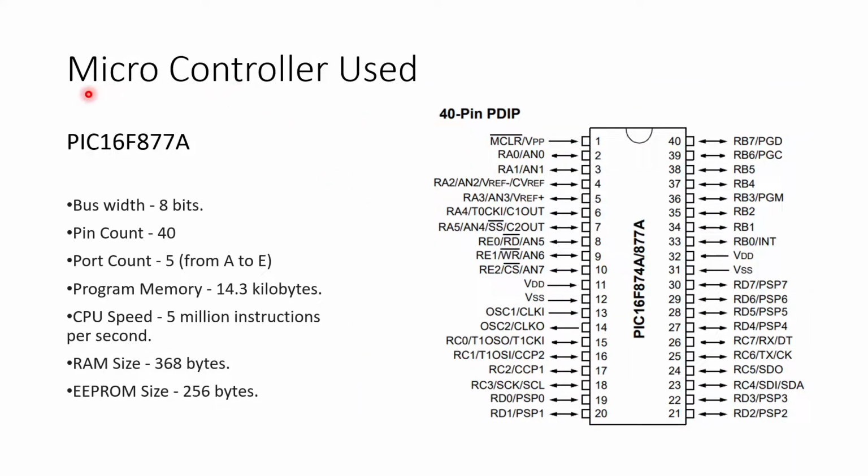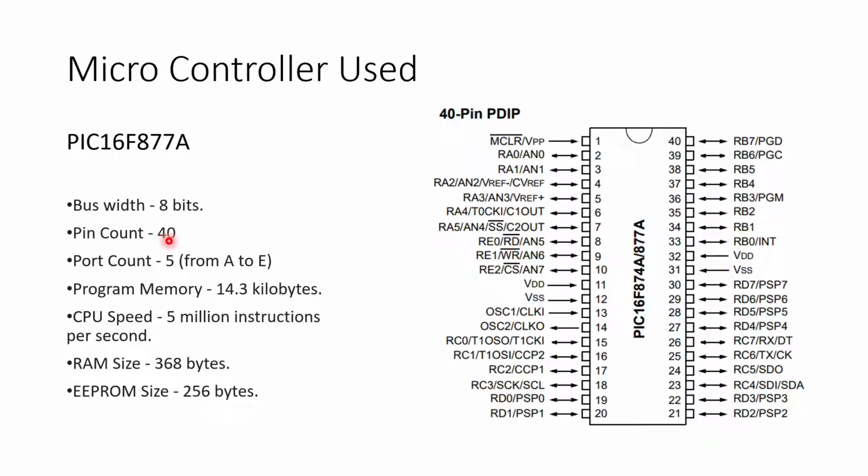Now let's see about the microcontroller that we have used, the PIC 16F877A. Here are some features of this microcontroller, with its pin diagram. First, this is an 8-bit microcontroller.